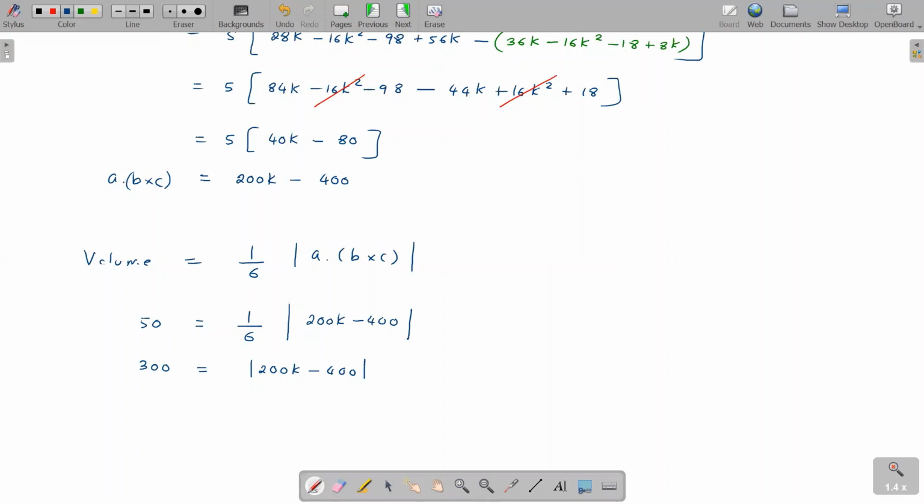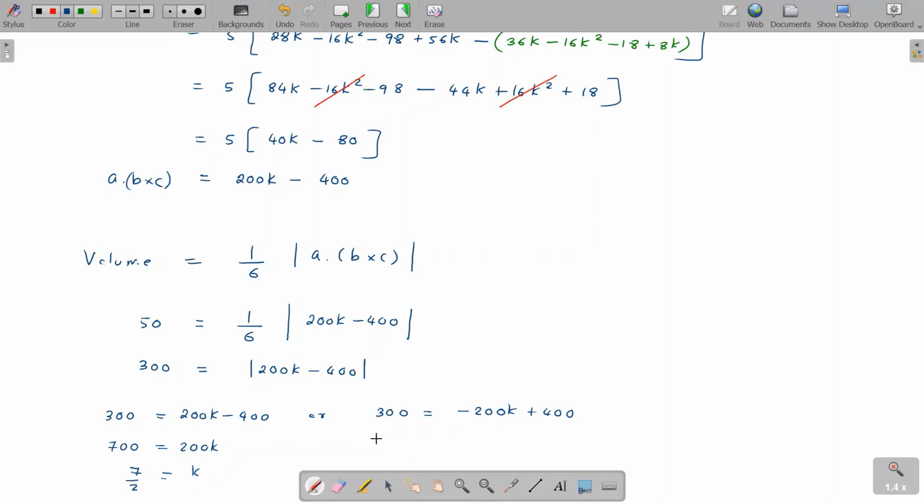Okay, so then what do you do here? 300 equals positive 200k minus 400. Or 300 equals, take the negative of this, right? Minus 200k plus 400. Are you with me? 300 plus 400 is 700 equals 200k. How much is k? k is 7 over 2.